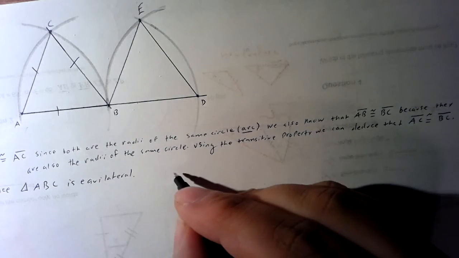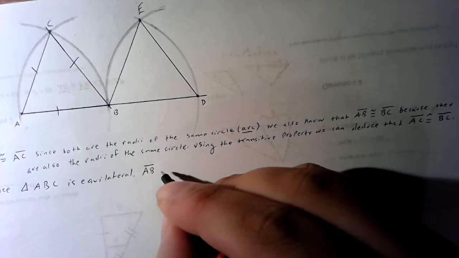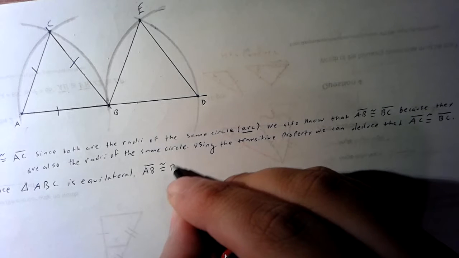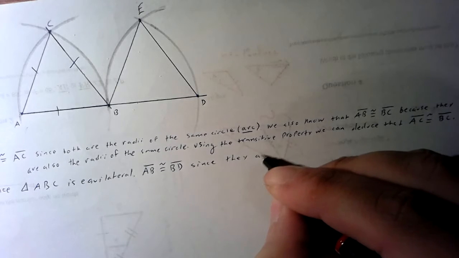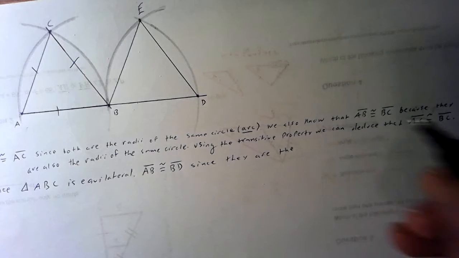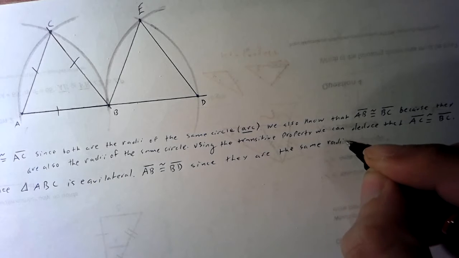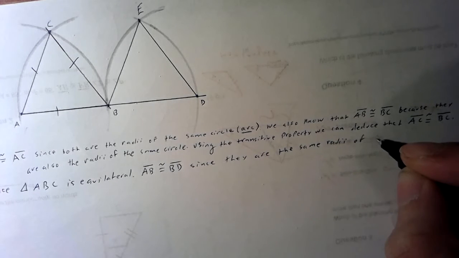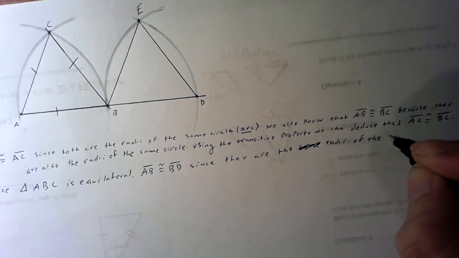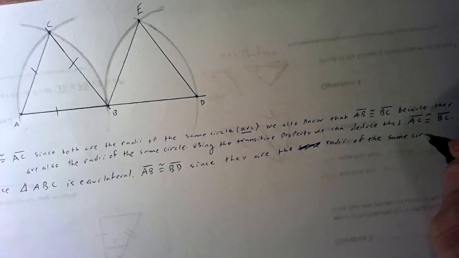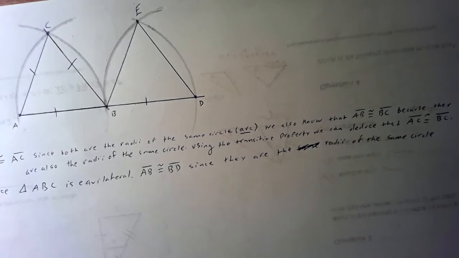So here we're going to write segment AB is congruent to segment BD since they are the same radii of, they are the radii of the same circle. So that basically shows this.